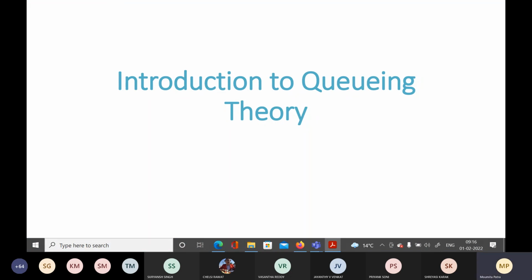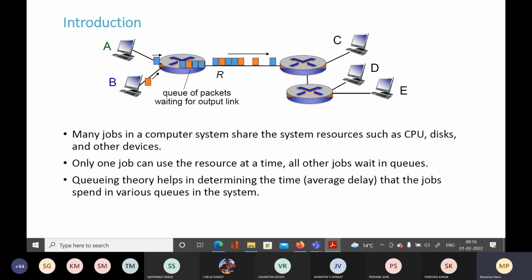Okay. So yesterday we had talked about an introduction to queuing theory, and today we are going to dig deeper into it. We had talked about computer networks, and how it would look if so many packets are entering a system, using its resources and forming a queue.